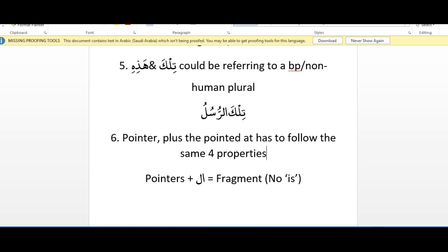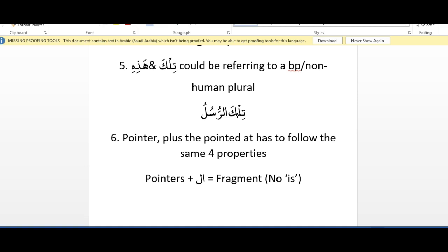Now even with the word tilka, on its own, the meaning of tilka is that. However, we can't really translate that in English like that, because we can't say that messengers, we would say those messengers. So even though tilka usually means that, in English it wouldn't make sense to say that messengers, so we would also translate tilka as those messengers.